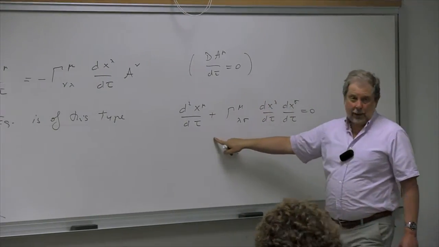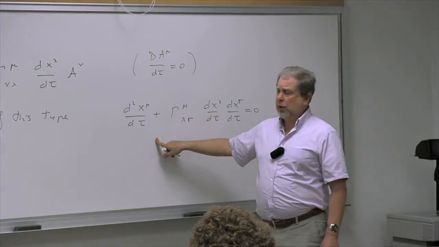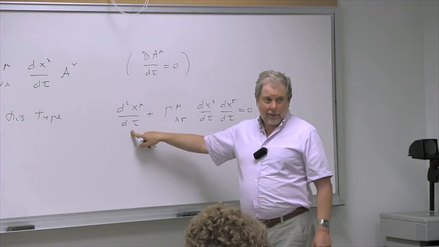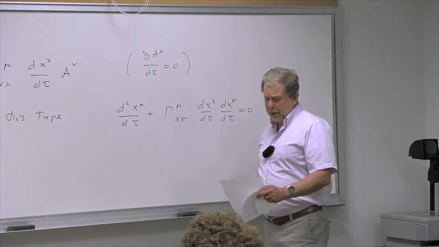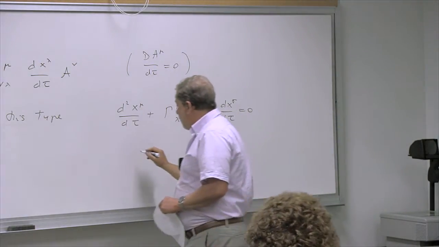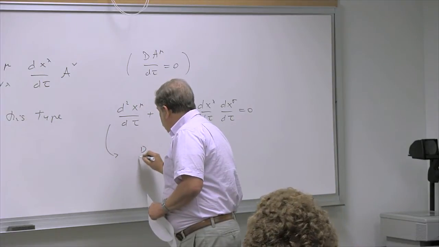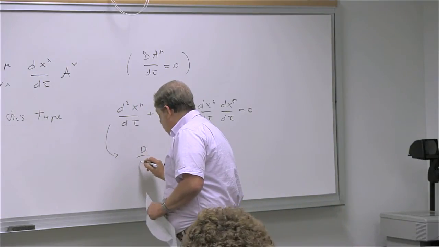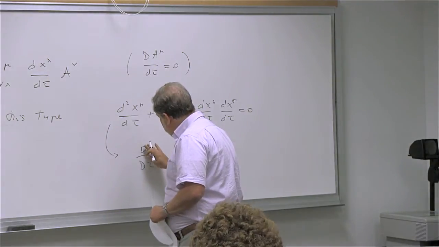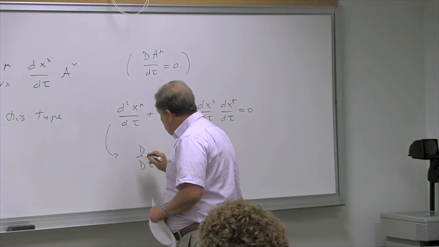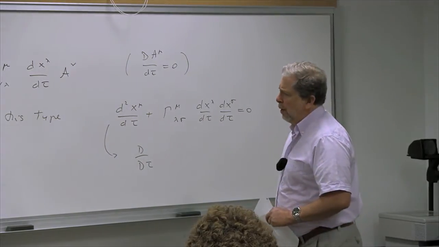So it has, in fact, some of the ingredients of the kind of things we talked about up to this point. It has a derivative with respect to a parameter, which is the proper time, and it contains the affine connection. And in fact, this can be rephrased in terms of what we just defined, namely as the derivative with respect to d tau.